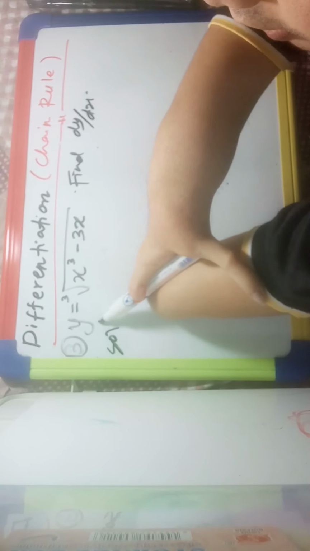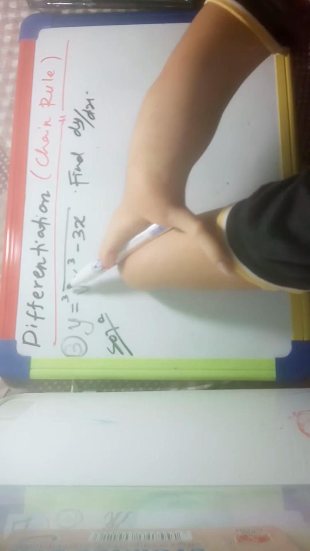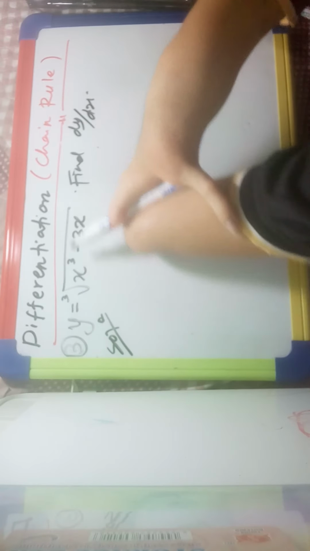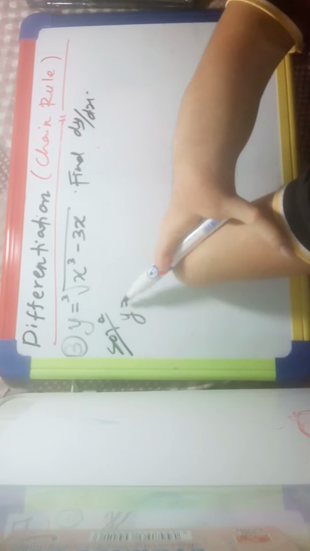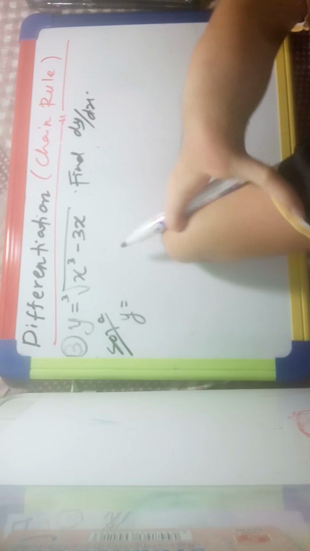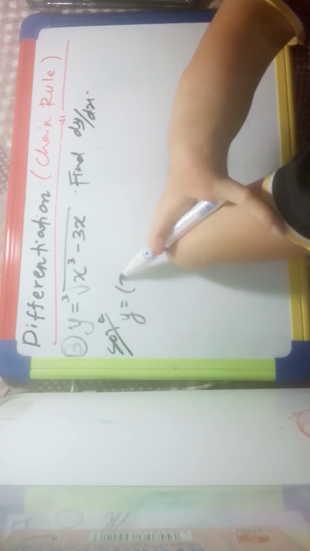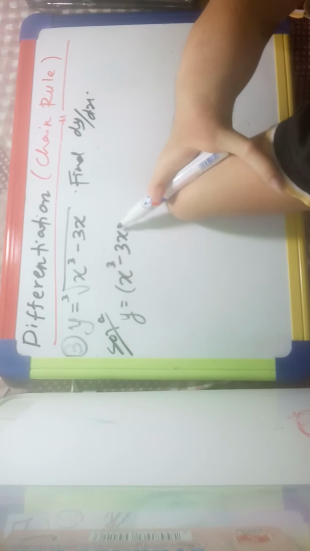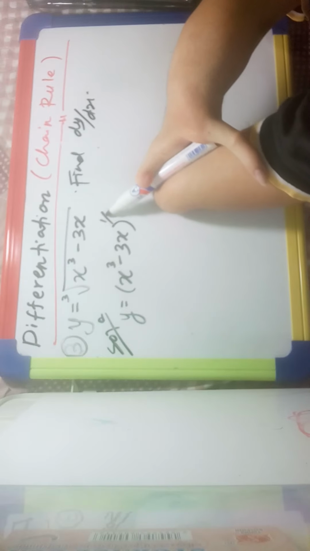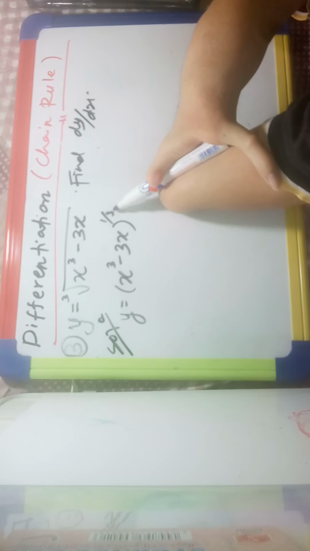Okay, solution. Always remember, when you have the root, square root or cube root, the first thing that you should do is convert in the form of power. So this one we will get x cube minus 3x the power of 1 over 3 because cube root.